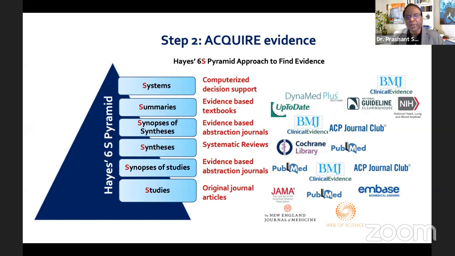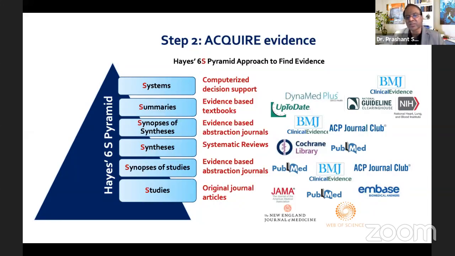So the majority of the time, the research is presented on a particular topic in the form of single studies. And there are thousands of single studies on a particular topic that are published every day. They are normally published in scientific journals like JAMA or New England Journal of Medicine, and they are abstracted either in PubMed or Embase or Web of Science.